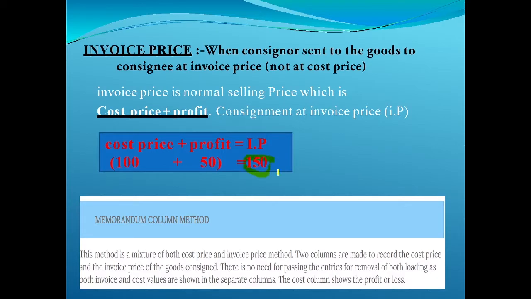This is the invoice price. Next we write goods sent on consignment account debit to consignment account, the reverse entry, for 50 rupees. 150 minus 50 is equal to the cost price. By writing the second journal entry, 150 is reduced to 100 by writing 50 rupees as a reverse entry.